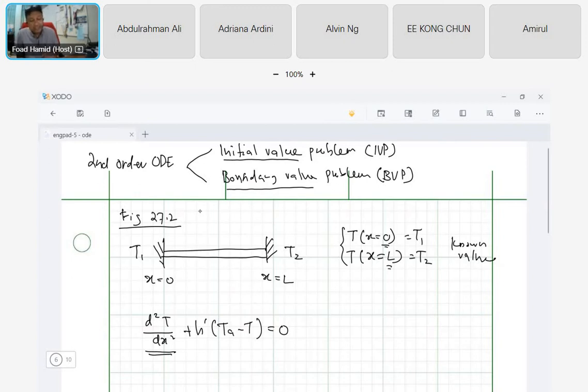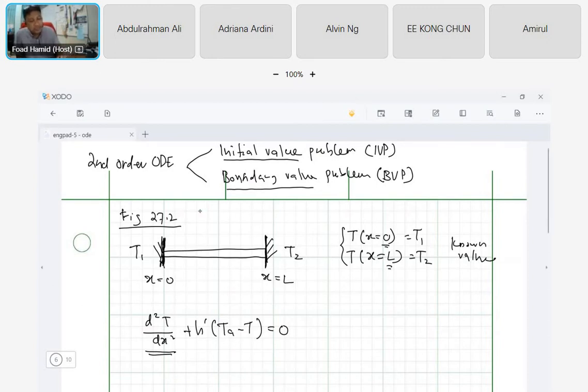Definitely if you look at the diagram, you know that they are defined at this location and at this location, which are the boundary of the problem. And because of this, this is what we call a boundary value problem.